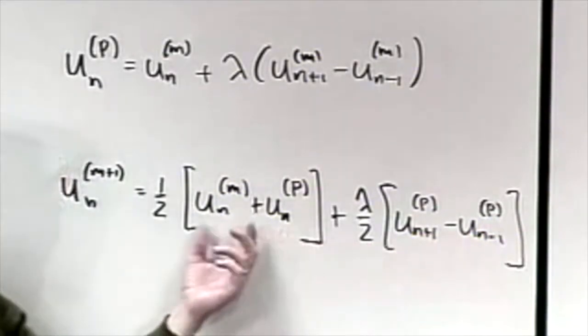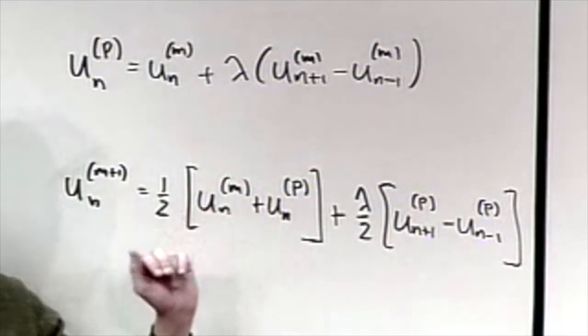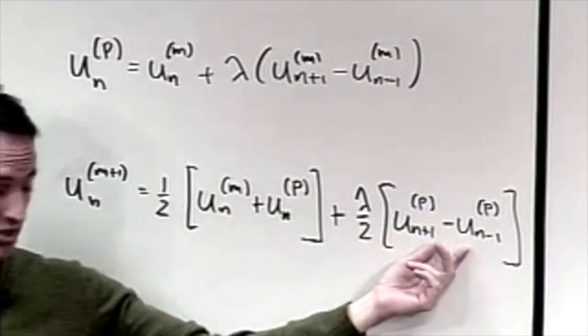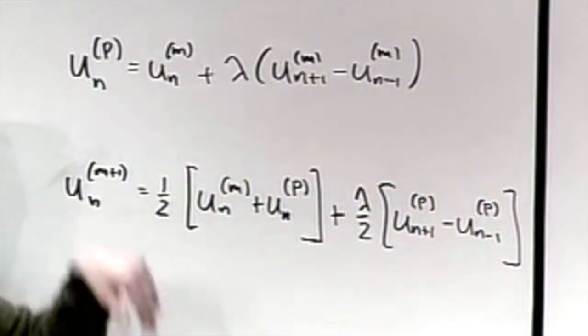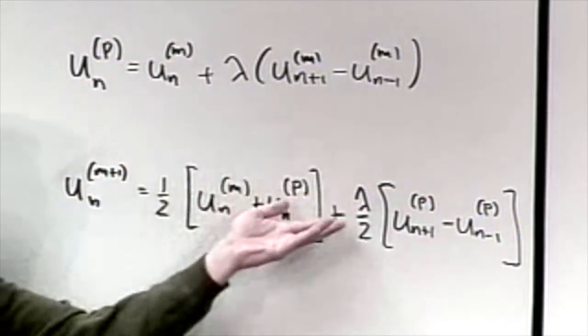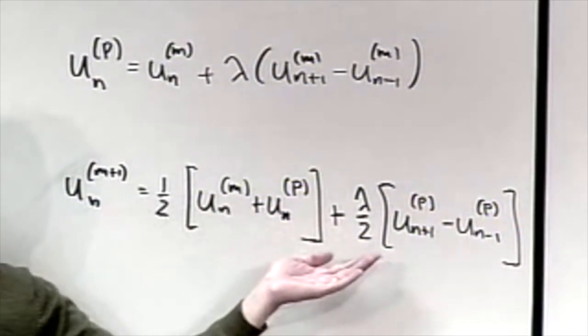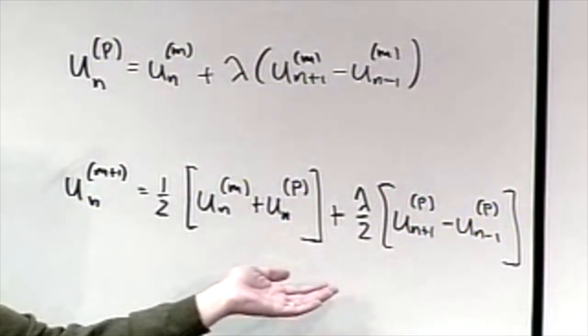So somehow what I've done is I've averaged in my current point with my future point, kind of a weighted average. And for this point, which is supposed to be a future point, I'm just going to use a predicted value for the future point. So it's a two-step algorithm, two-step iteration. First, predict what this thing is. Then use your prediction in the implicit scheme right here, but without having to solve an Ax equals b.